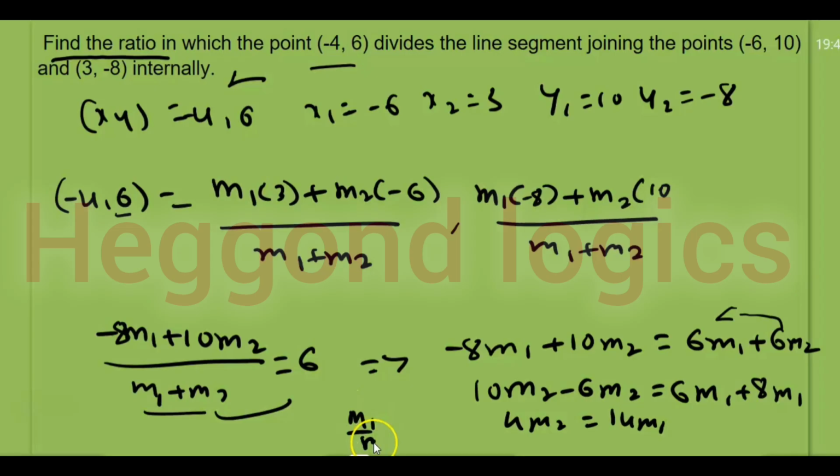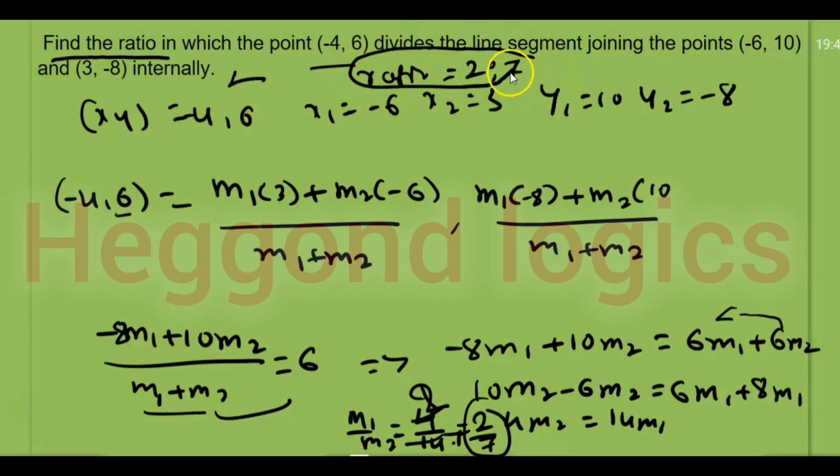Now m1 by m2 is equal to 4 divided by 14, 4 ones are 2 twos are, and 2 sevens are, that is equal to 2 by 7. Ratio is 2:7. Now the ratio is 2:7 or 7:2. Anyway you have to take it.